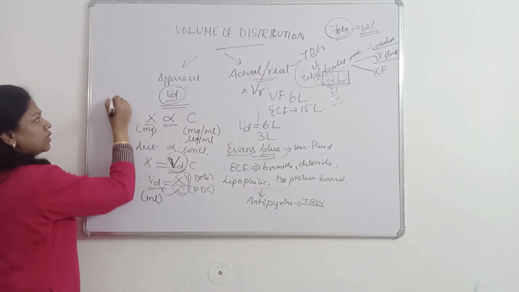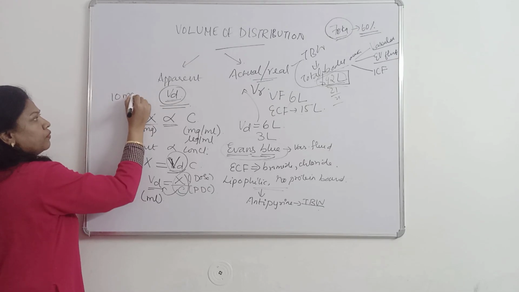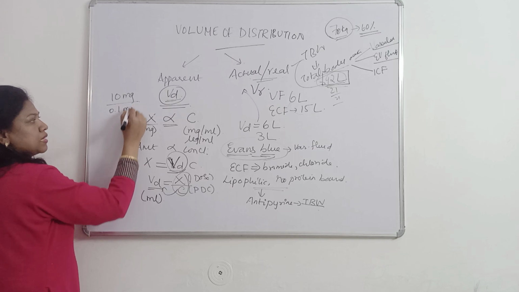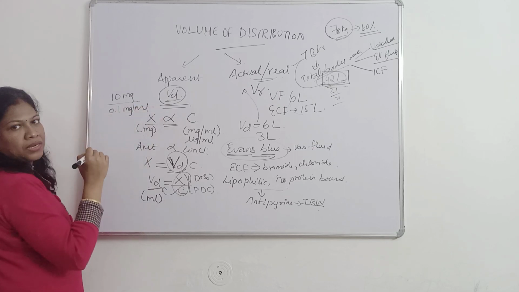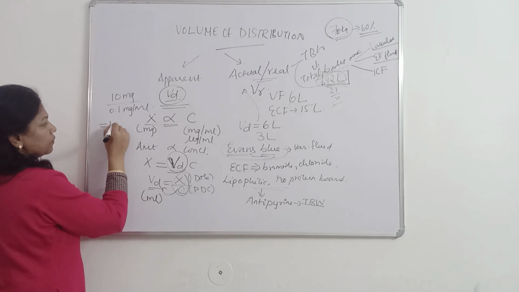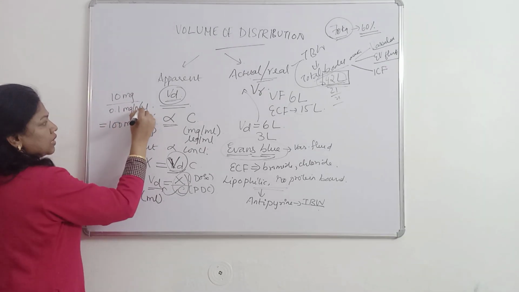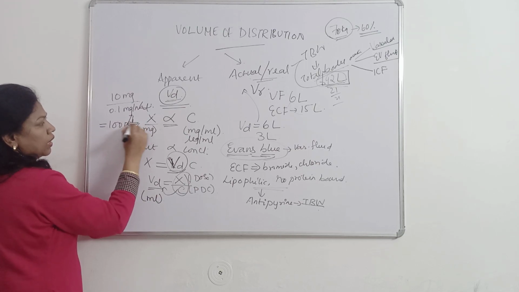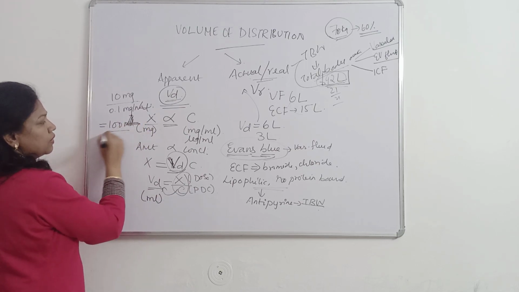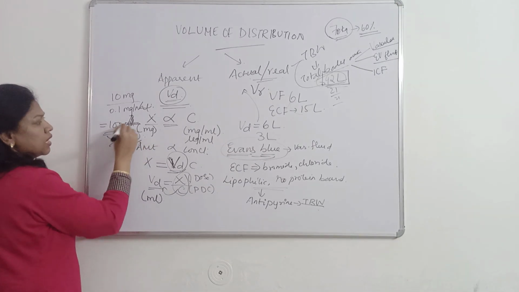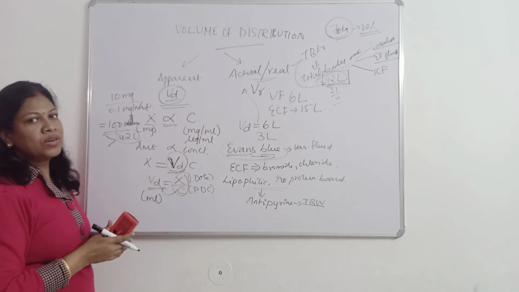Say for example, if the drug administered is 10 mg and the concentration at the time is 0.1 per ml, then the volume will be 100 ml, or if it is per liter, then it will be 100 liter. 100 liter is greater than 42 liter, which is above the actual volume of distribution.